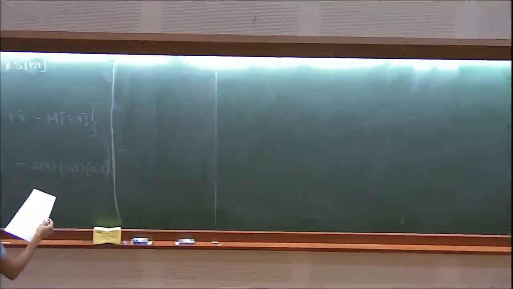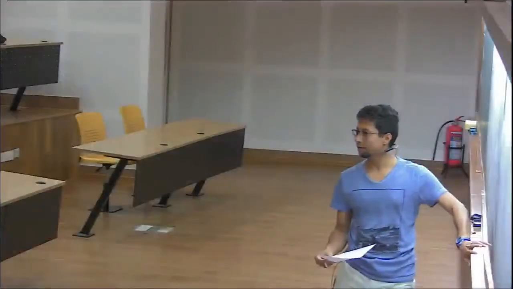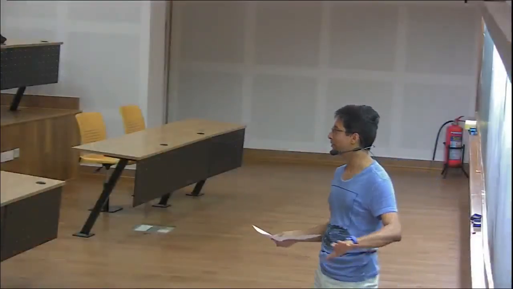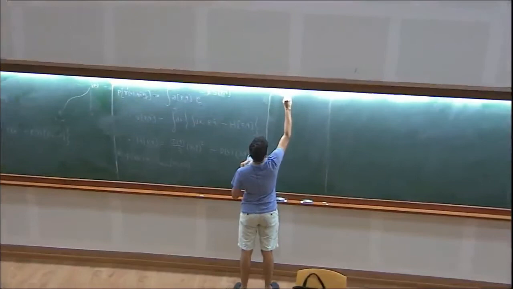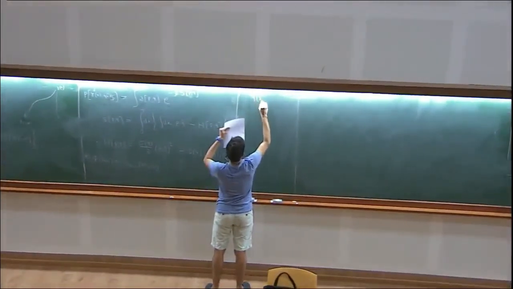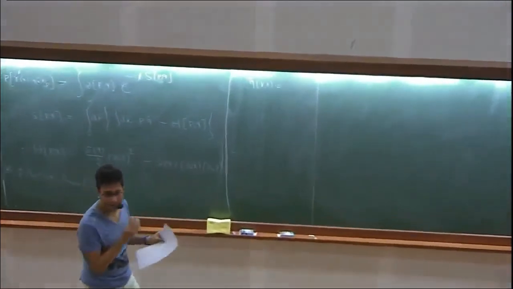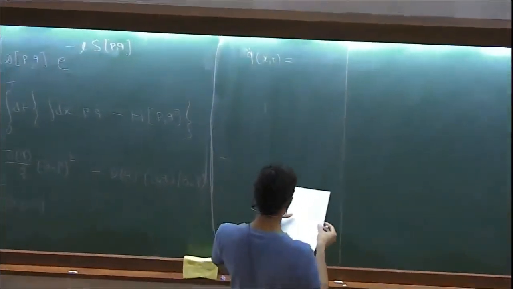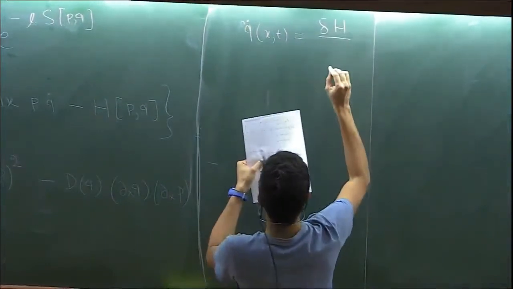But okay, so now all I have to do is to find the optimal path, which is the path of least action. And the path of least action will satisfy Hamilton's equations. Now you have to keep in mind we are doing everything in terms of fields, unlike in the Langevin case, so this will be a functional derivative.